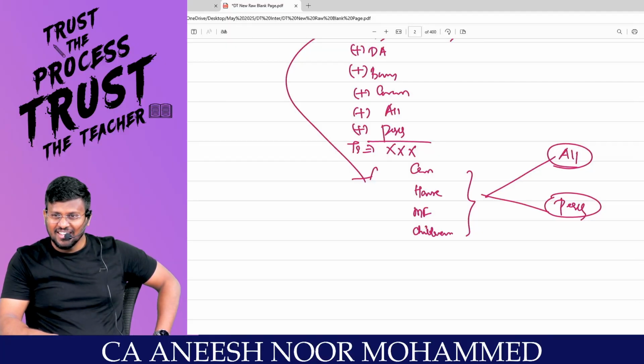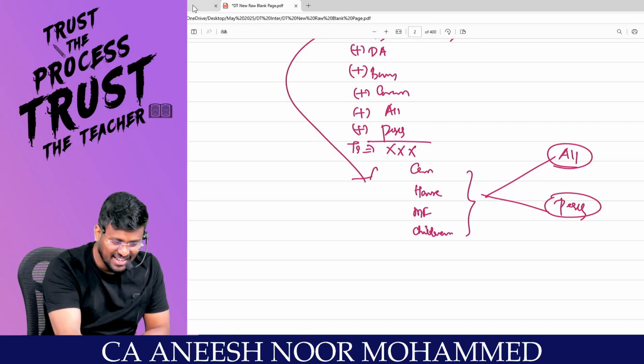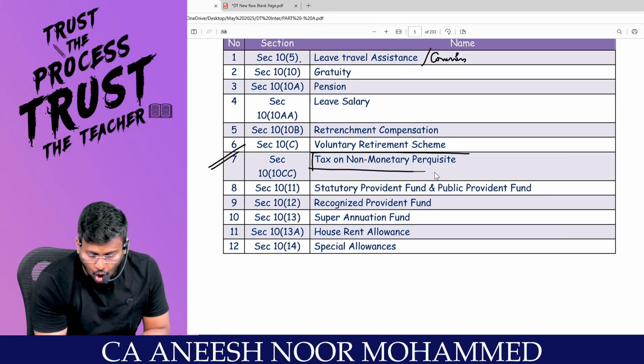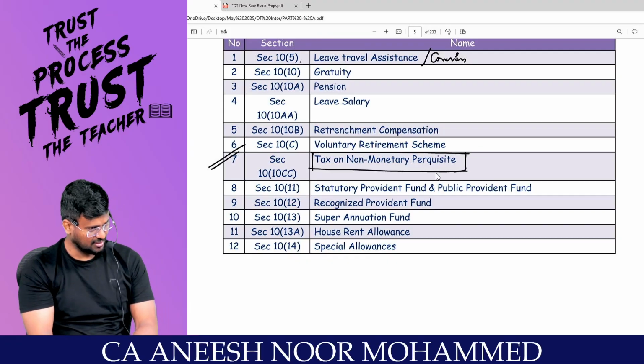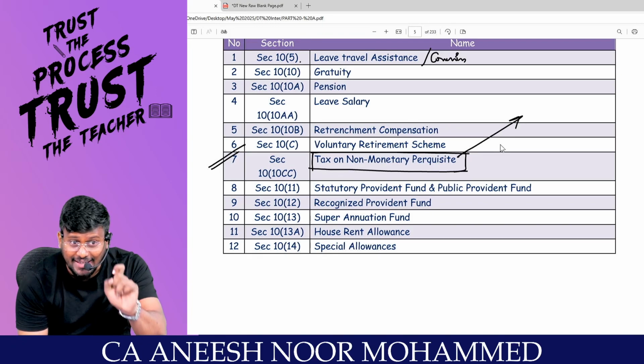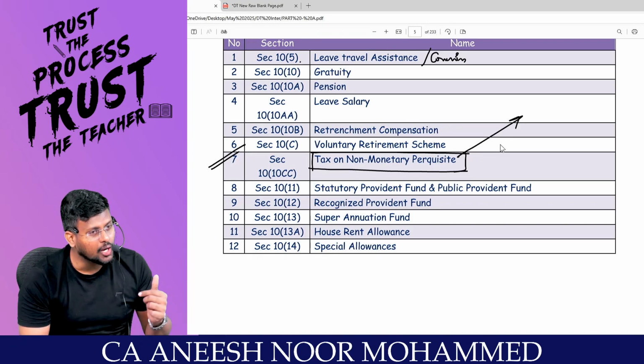Correct? So what is the government saying? Section 10(10CC), tax on non-monetary perquisite. So we are having a perquisite, but it is not a monetary perquisite. It is non-monetary.